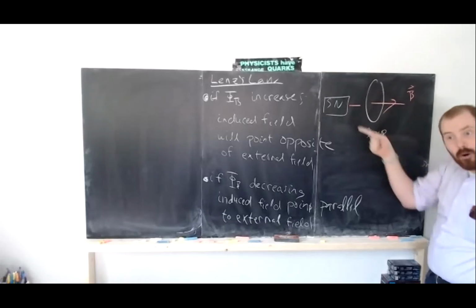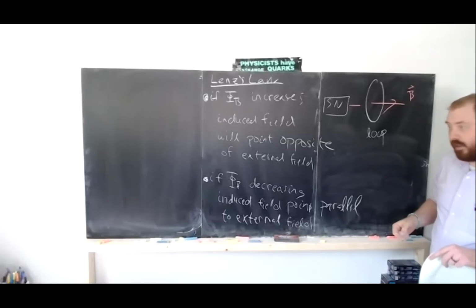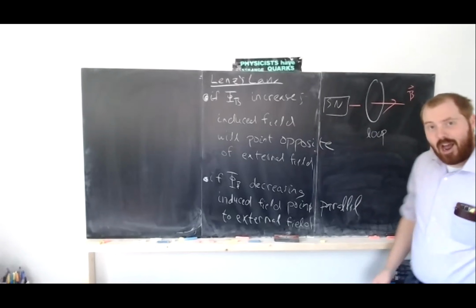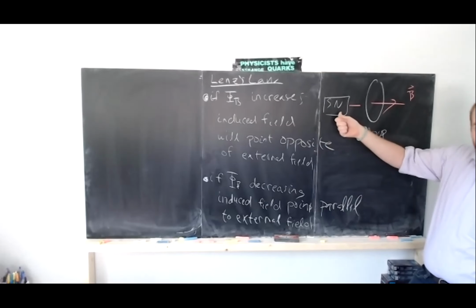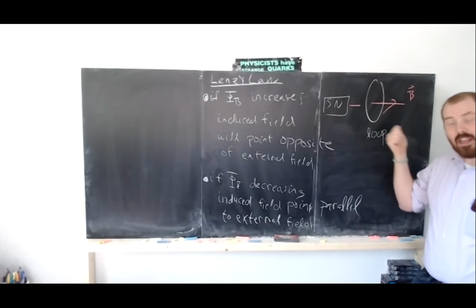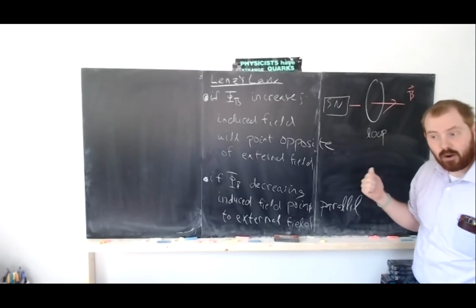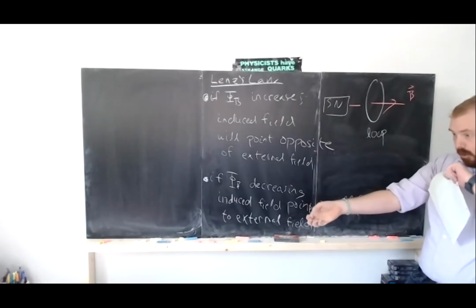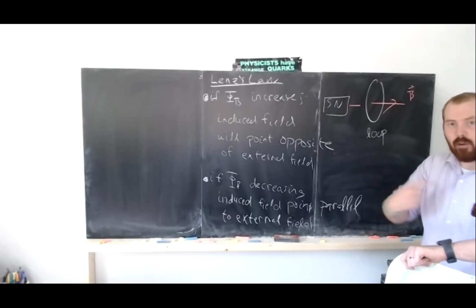If there's a current in this loop, that current makes its own magnetic field, the induced field. So now we're going to be having this game of one object's field inducing a magnetic field in the other. So it's going to be our job to keep these things straight, to make sure, are we talking about an induced field or the source field or external field is the phrase I'm going to use a lot.